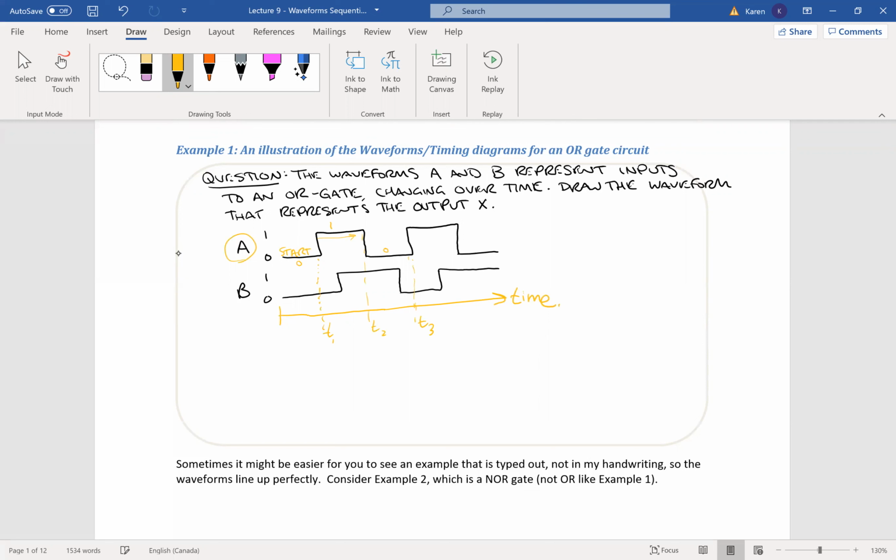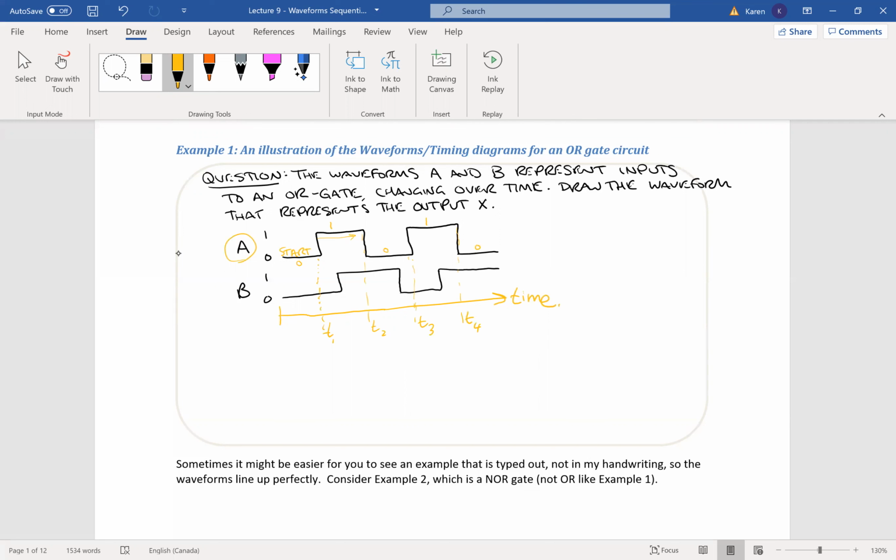And then at T3, a person pressed this button again, and now it's 1, or high voltage signal, right? 0.7 volts or 1 volt, however the circuit is set up. And then the person let go of the button again at time T4, and the signal went back down to 0.